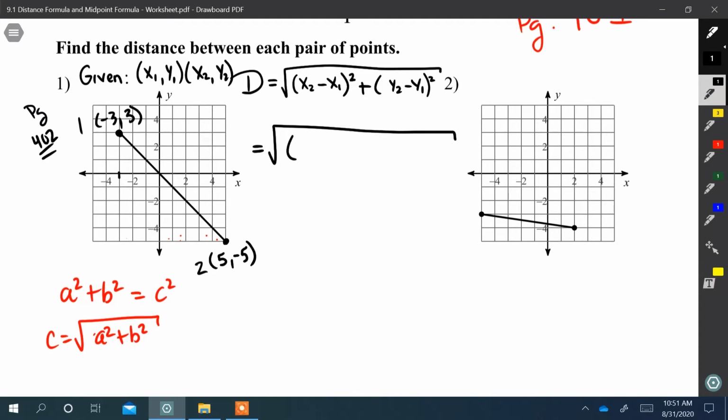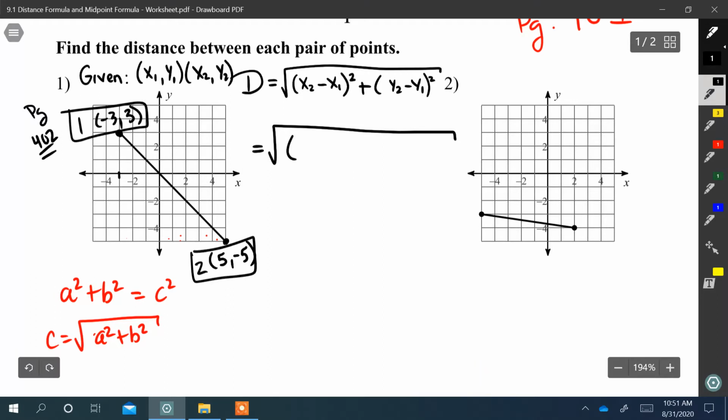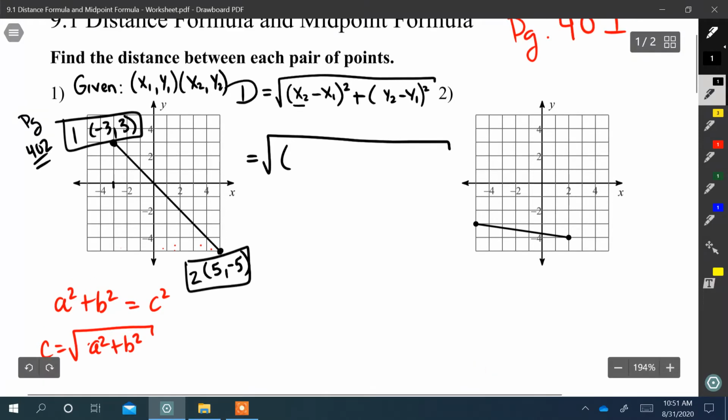All right, so let's just say that this is the first point and this is my second point. So let's plug in. The x2 is the x from the second point. It's that 5 right there. That's what I decided to be the second point.